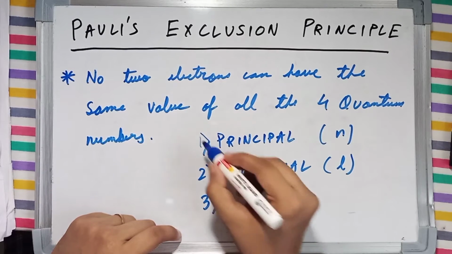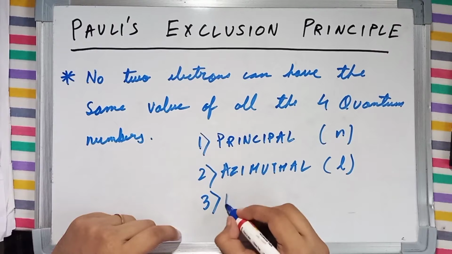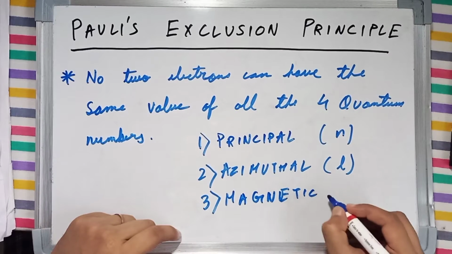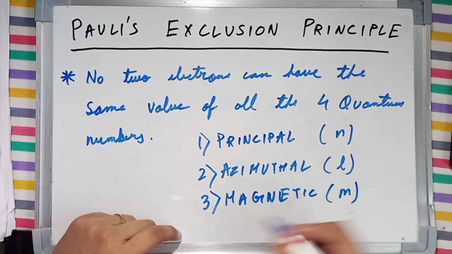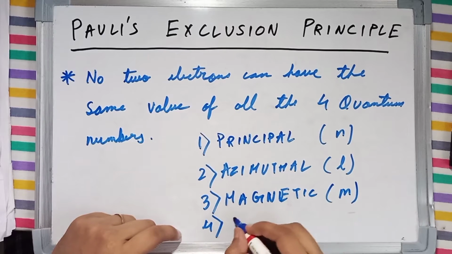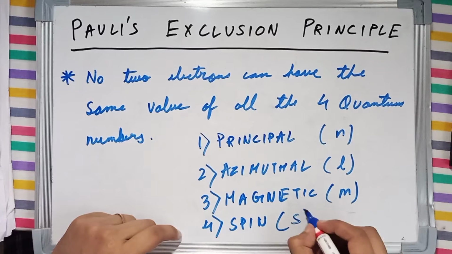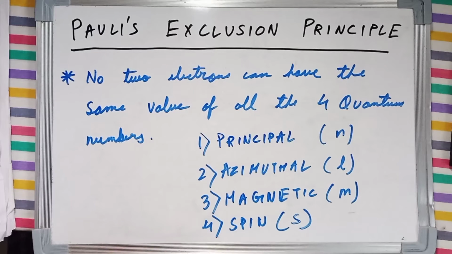And the third one is magnetic quantum number denoted by m, and the fourth one is the spin quantum number denoted by small s. Okay, so let's begin now.